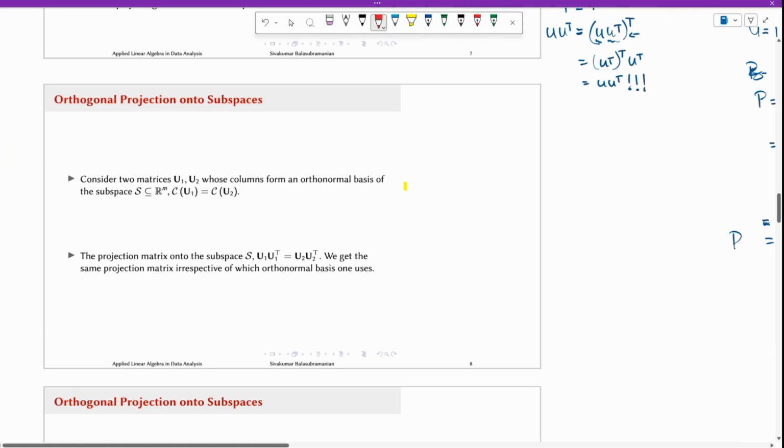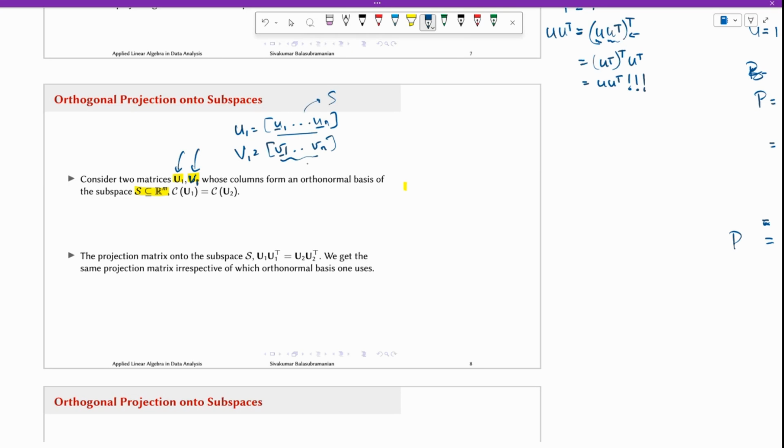As we discussed earlier, let's say we have a subspace S, and two orthonormal bases. Here I've written the basis in matrix form. I'm going to call these U1 and V1. These vectors here form an orthonormal basis for the subspace S, and these vectors here form an orthonormal basis for the same subspace S. They're two different orthonormal bases.